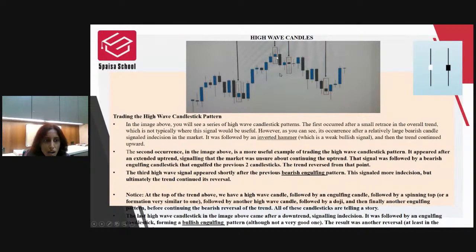It appeared after an extended uptrend, signaling the market was unsure about the continuity of the uptrend. And at that very point, since the real body was very small, it indicated that there is going to be some kind of a reversal, because this was witnessed after a long upward trend.